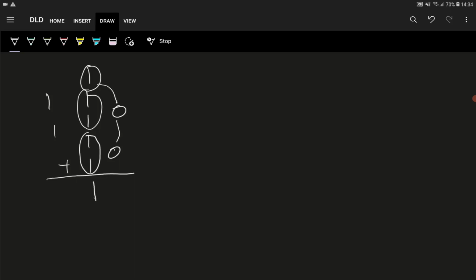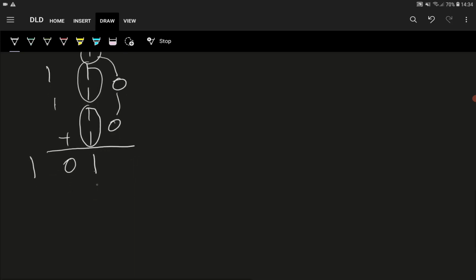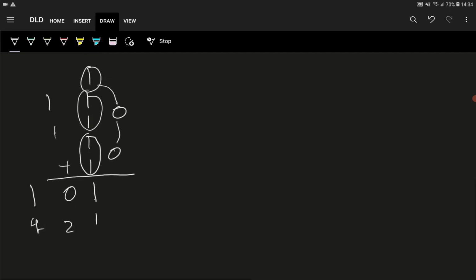Then 1 plus 1 is 0, carry 1, and this indeed is 5. That's just a neat trick for adding 5 numbers. That's how I like to do it.